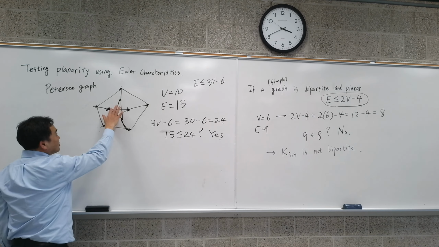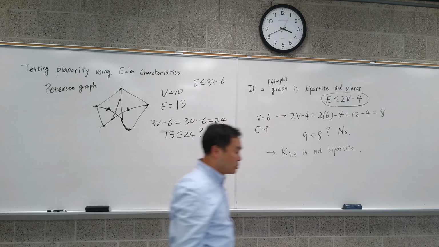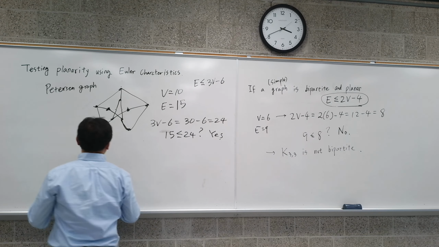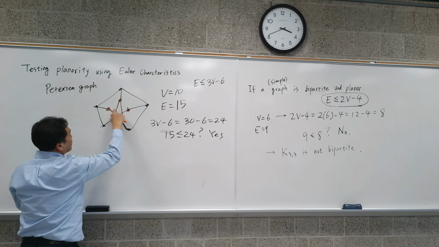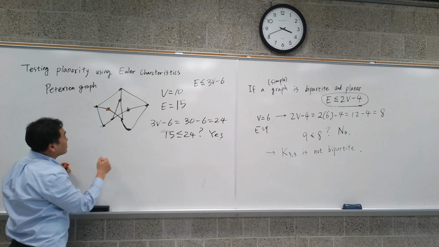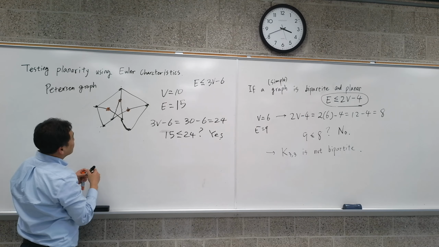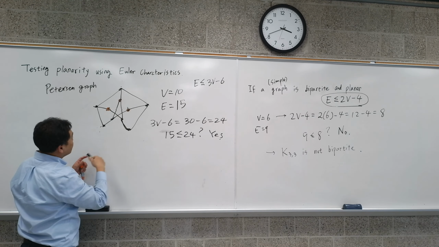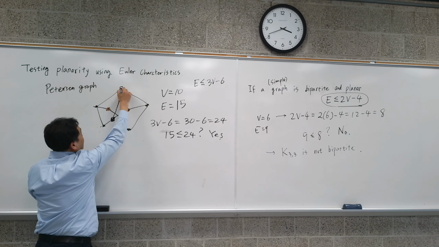So you can delete this edge, and you can delete this edge, and then think of these 3 as one side of the bipartite graph, and these 3 as the other side of the bipartite graph.